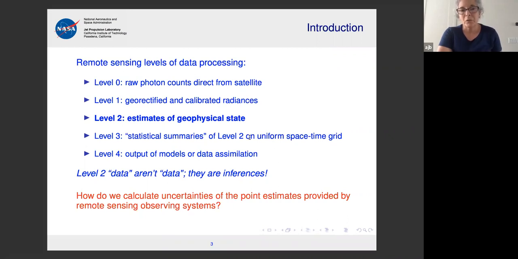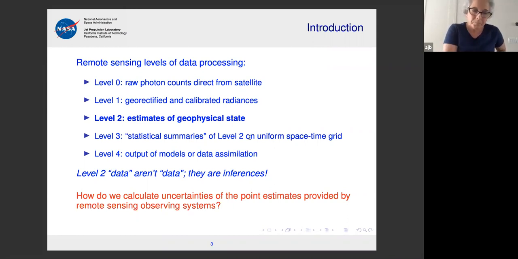To complete the picture, quite some time back, NASA decided that all missions would provide something called level 3, which are, quote, statistical summaries, unquote, of level 2 on a uniform space-time grid.